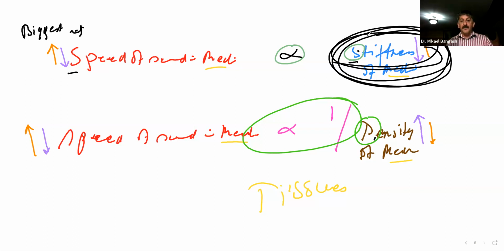So you may say, well, I have a tissue which is stiff, and it is also dense. You are still going to have a great propagation speed.